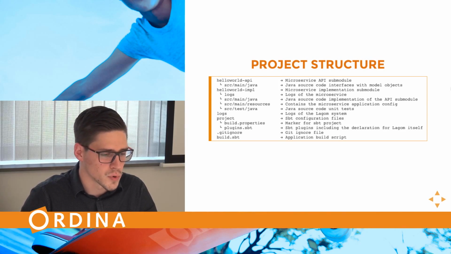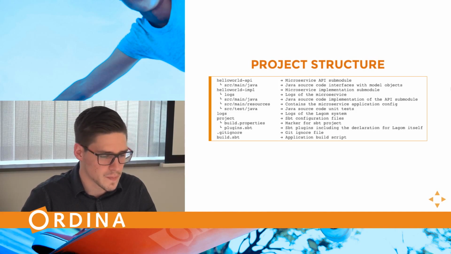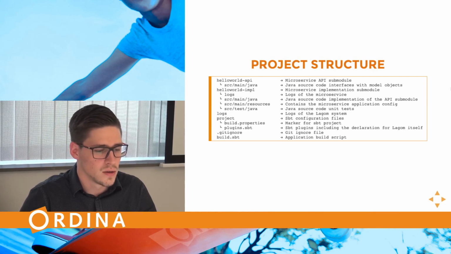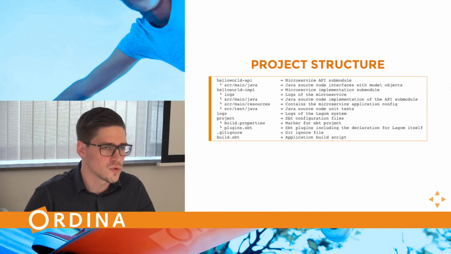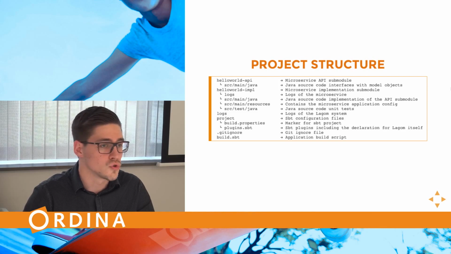Then we have a project folder in which you can define build properties for your SBT project and also SBT plugins. And then at the bottom we have the build.sbt file, which is like the pom.xml for all those Maven users out there. And in the build.sbt file you define all microservices together with their dependencies, configuration settings, and certain deployment settings.